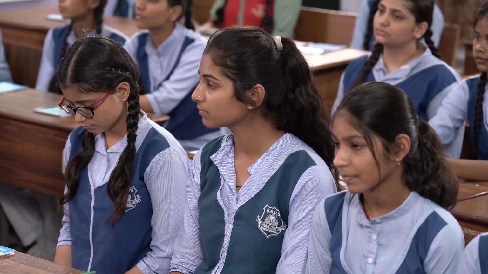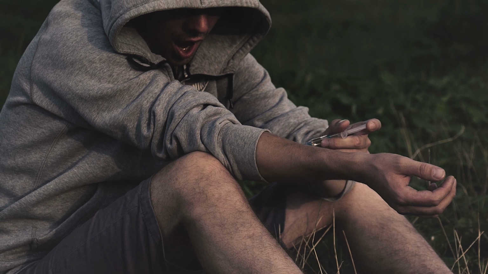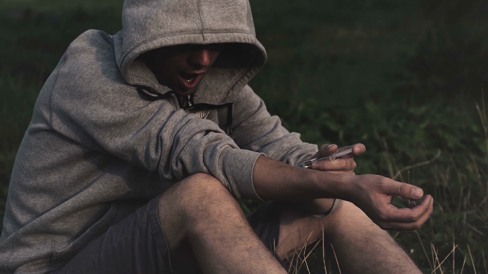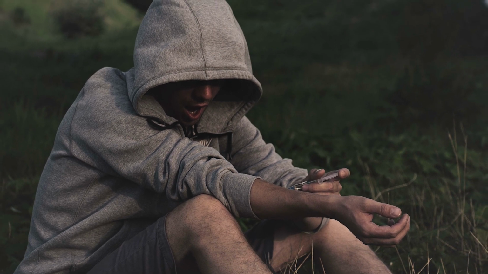All right. So we'll begin by asking, what is a drug? What is your understanding of a drug? Actually, a drug is a harmful substance which affects our body, and it is a chemical substance which we use to take. The sport players used to take it because they want to increase their level.